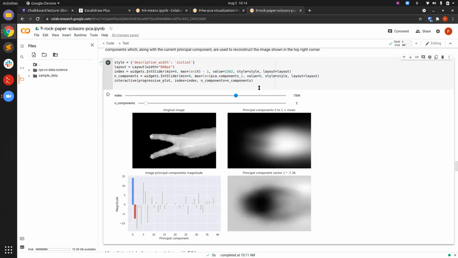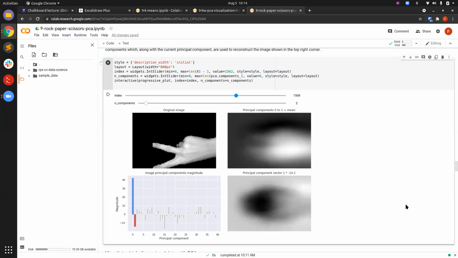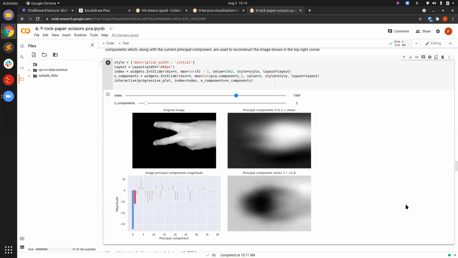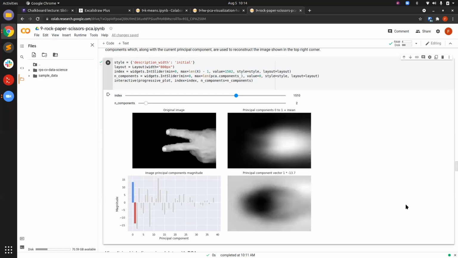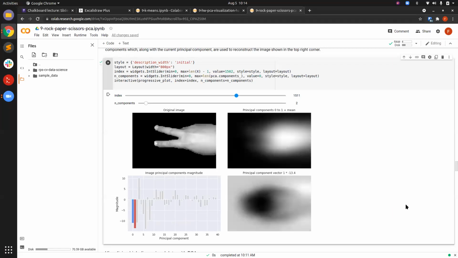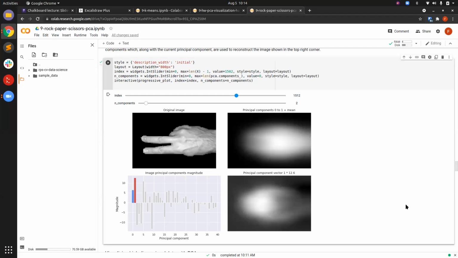So let's look at more examples and see if we can find out what the trend is. I believe this one encodes the position along the horizontal axis.